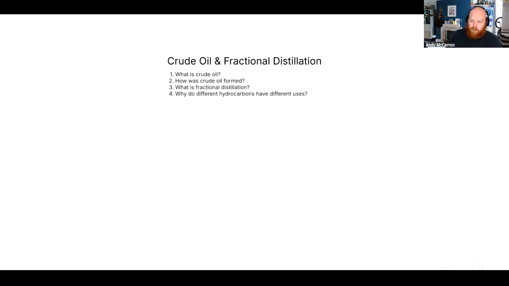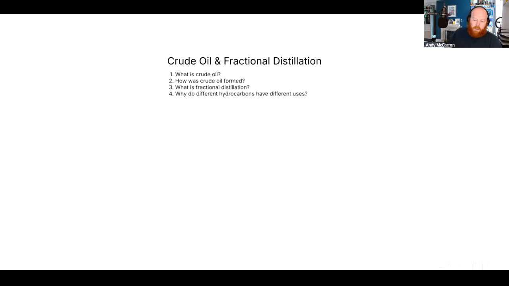So, in a previous session, we have talked about why carbon is special, what hydrocarbons are. We've also looked at why hydrocarbons are used as fuels and why they make useful fuels.